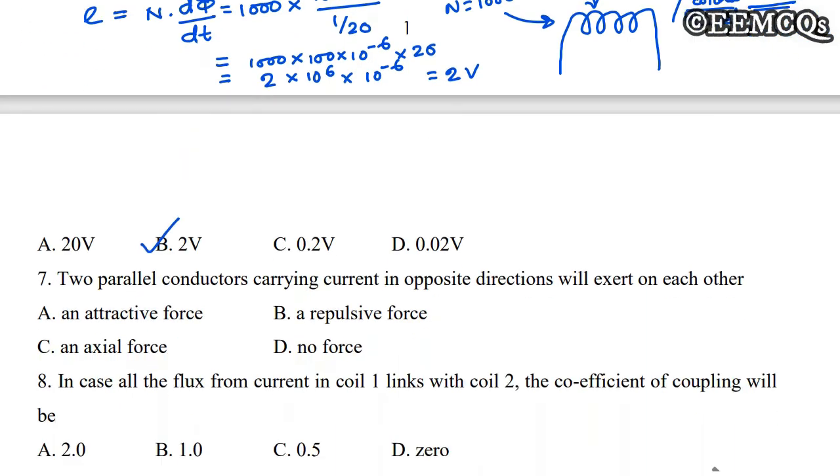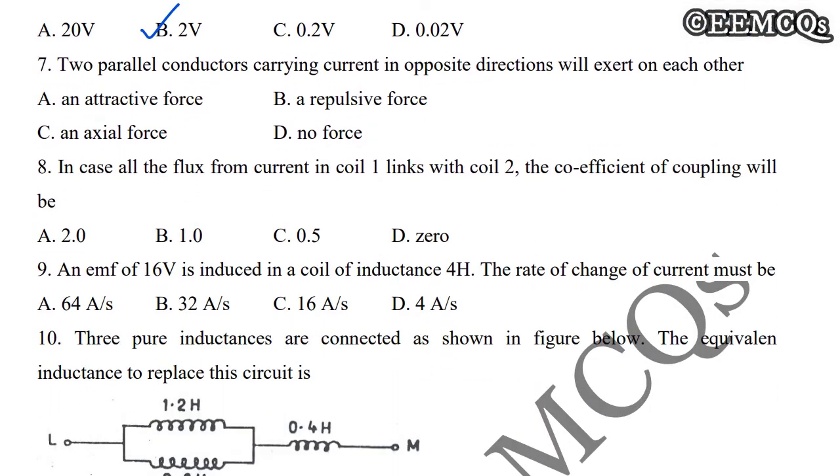So now the next question. Question number 7. Two parallel conductors carrying current in opposite directions will exert on each other an attractive force, a repulsive force, an axial force, or no force. Say these are two conductors which are parallel and they are carrying current in the opposite direction. So how will their flux distribution be?